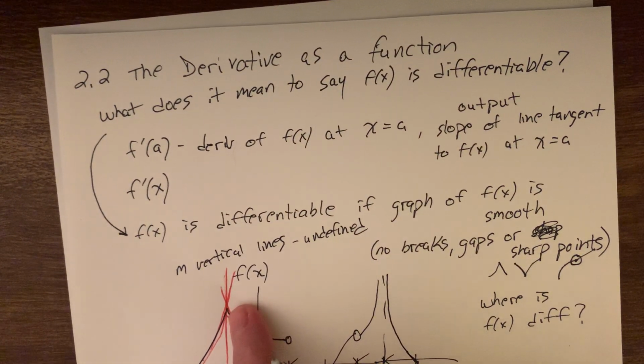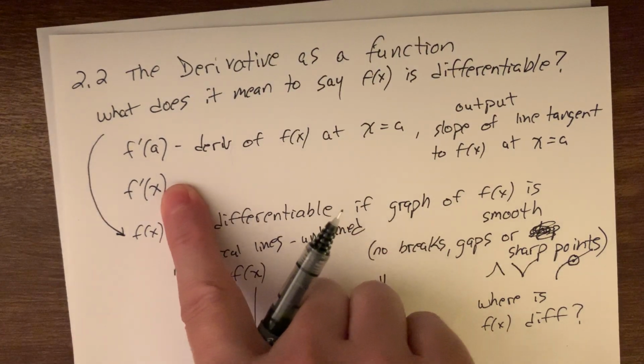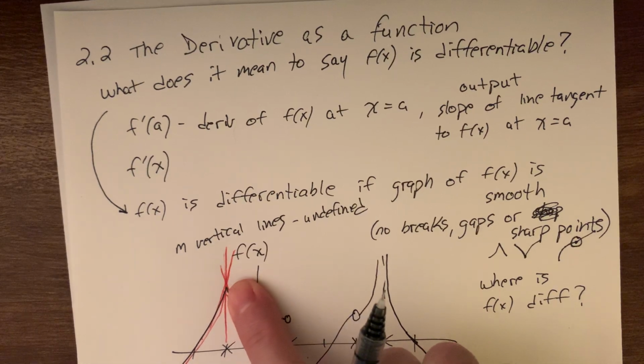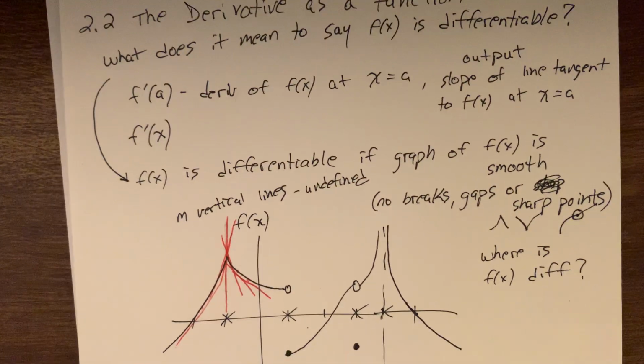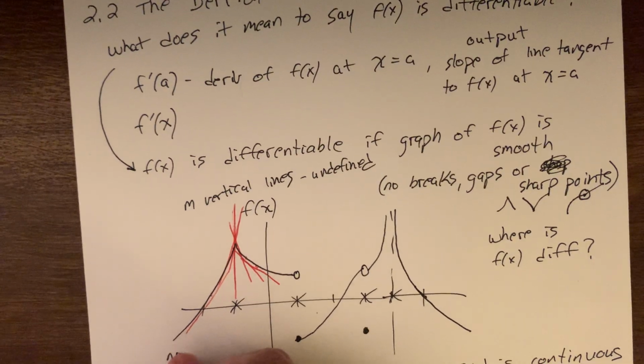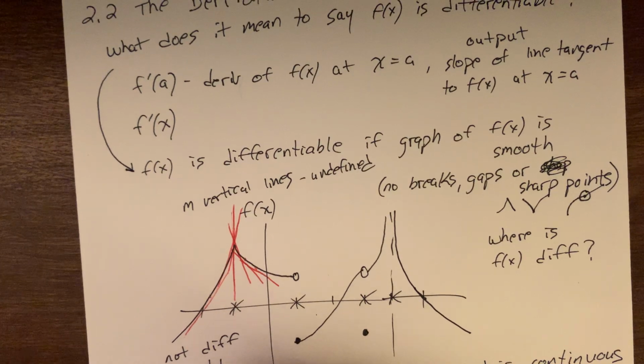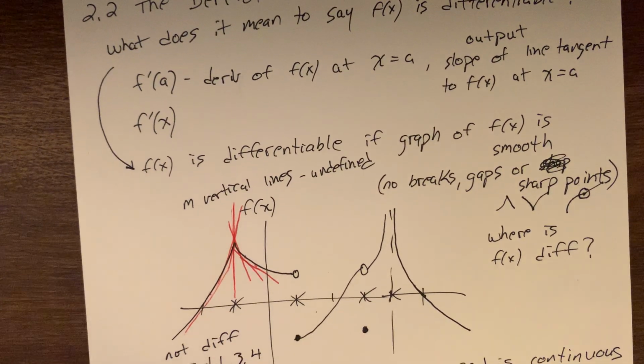So if you tried to find the slope at this point, you would get undefined, no solution, and that's leading to a spot where the graph has a sharp point, a spot where the function is not differentiable. So here we are not differentiable at x is -1, 1, 3, and 4.